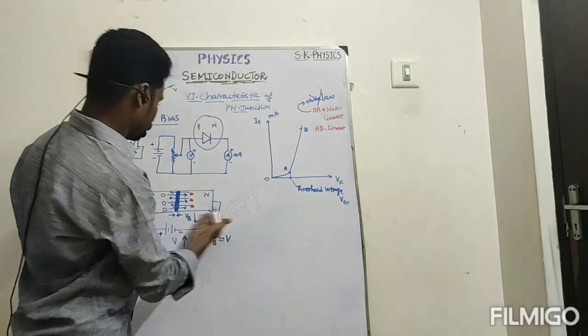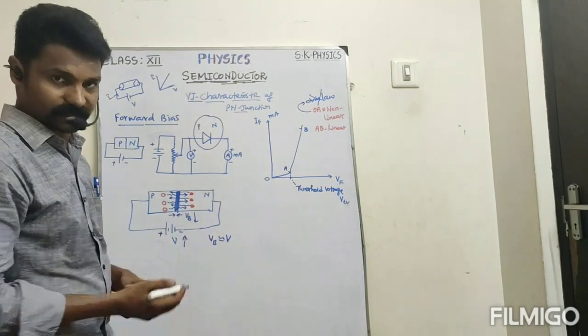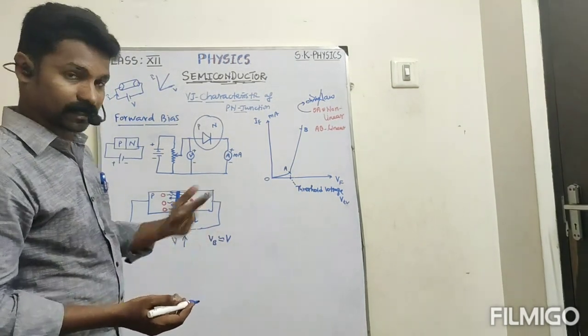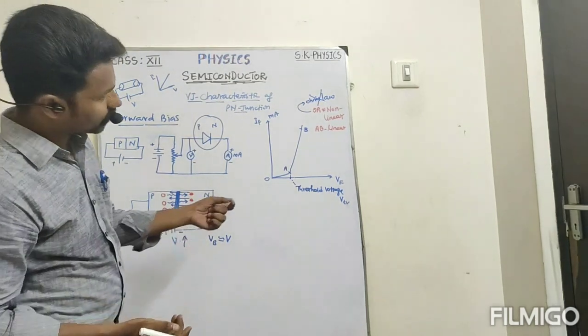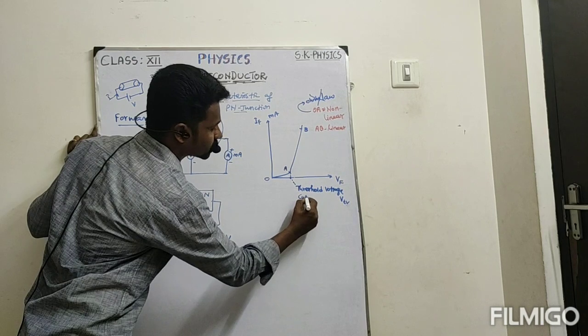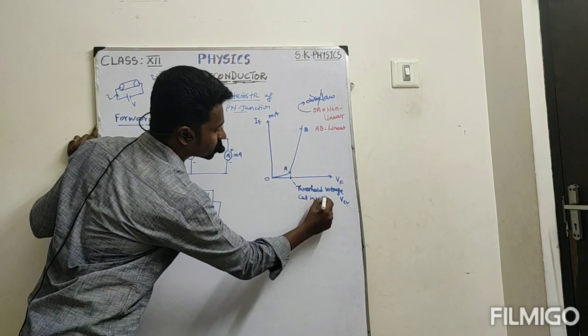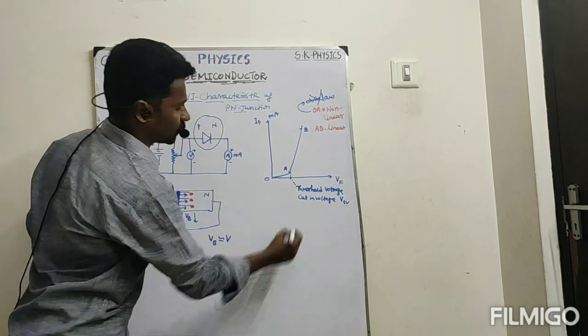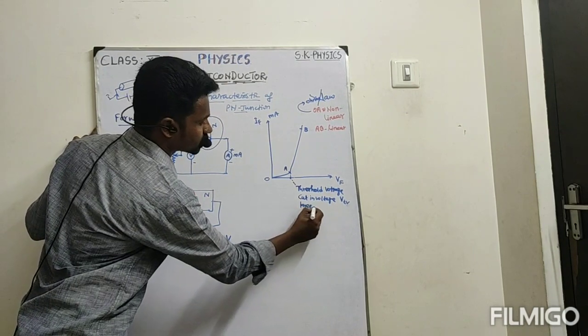This threshold voltage is the potential barrier voltage. One more name for threshold voltage is cutting voltage, and another name is knee voltage.